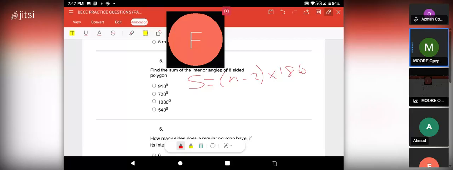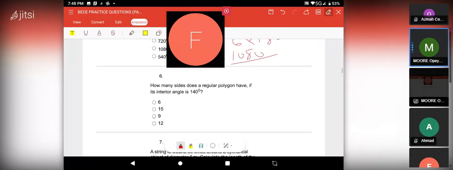Since they've told us it has 8 sides, it means 8 minus 2, 6 times 180. 6 times 0 is 0, 6 times 8 is 48, remain 4, 6 times 1 is 6, plus 4 is 10. So 1080.